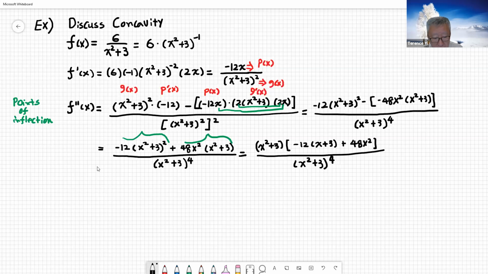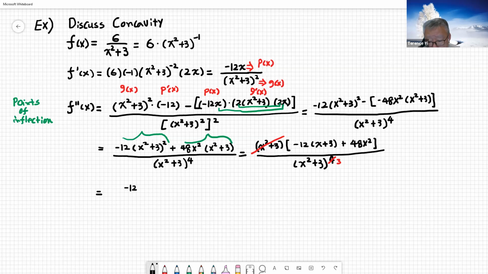So if you look at the outside here, you can cancel out the x squared plus 3 here. Let me just rewrite this one more time. What I have here is a minus 12. Did I mess up here somewhere?